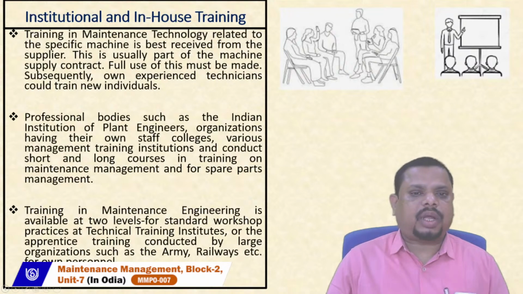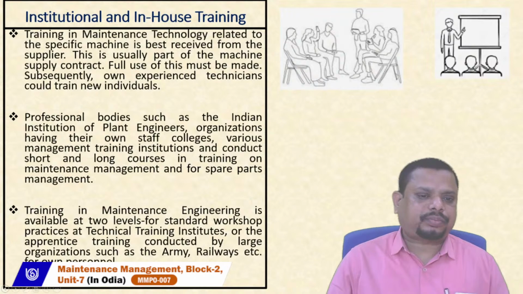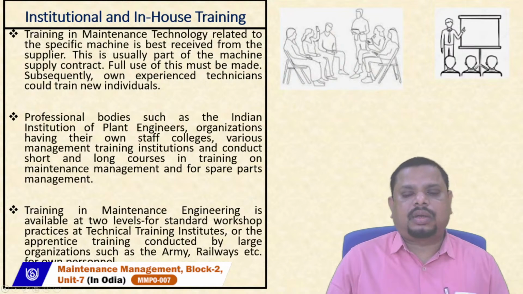So, for example, a supplier sends a machine, and this machine is installed for the first time inside the organization. Those who have training, especially at supervisor level or senior technician level, can provide training to the new individuals so that they can easily understand the specific machine which is assigned for a specific job.